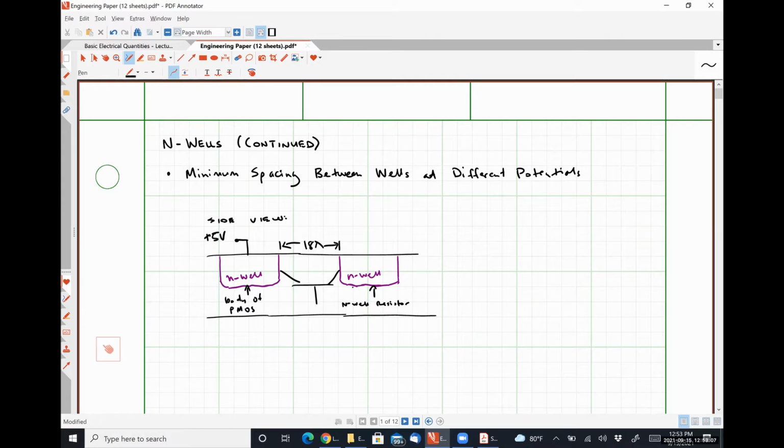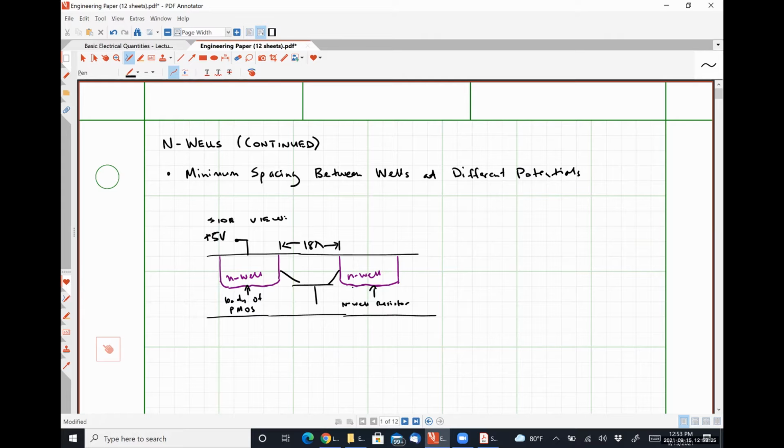Those effects are more noticeable the closer those N-well regions are to each other. So 18 lambda away is far enough for those interactions to be effectively 0. Does that make any sense to any of you?